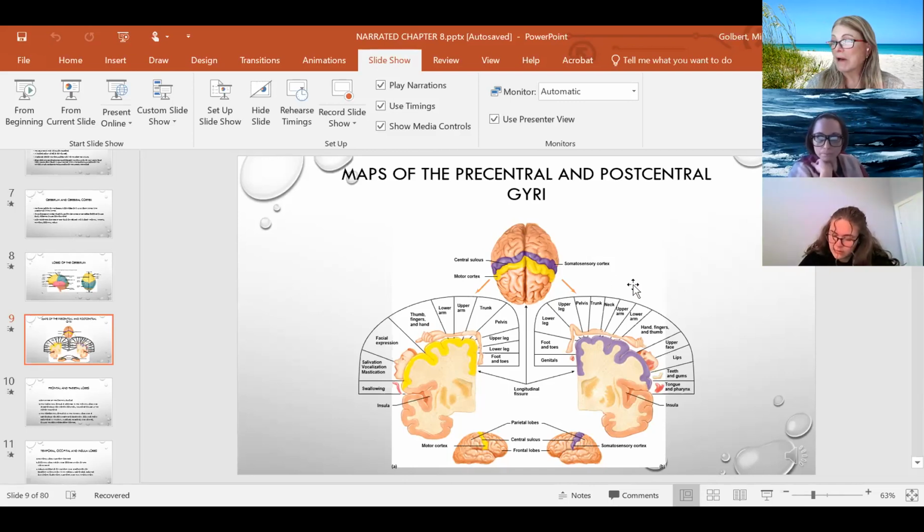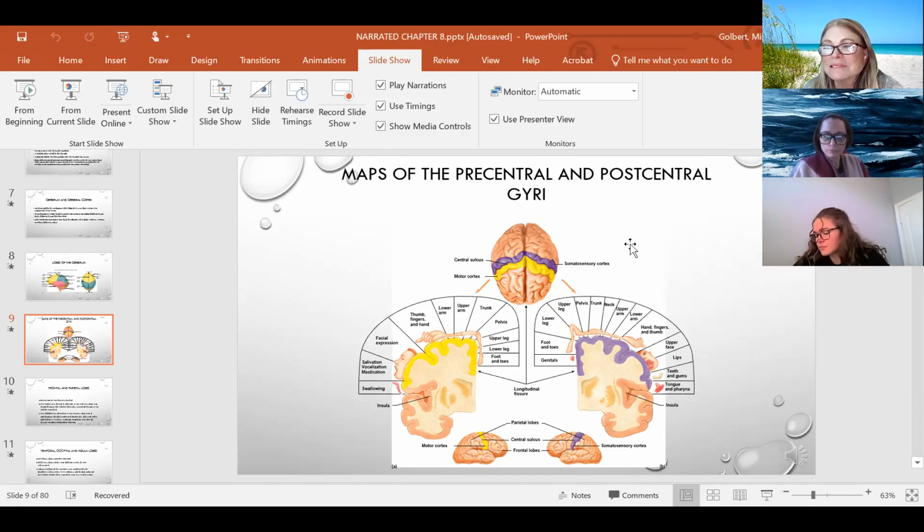Somato means body, sensory, obviously, sensory neuron sensation. This is the area where the brain receives the information coming in from sensory neurons. So from the back, we're getting that information into that cortex, which is also called the post-central gyrus. And then the one on the anterior, indicated in yellow, which is toward the front, after the central sulcus, that's what we call the motor cortex.